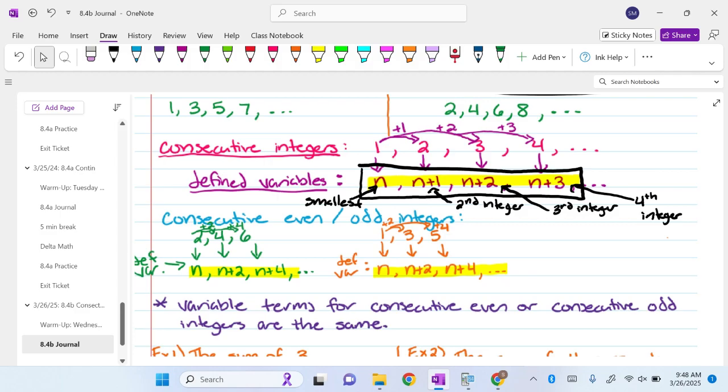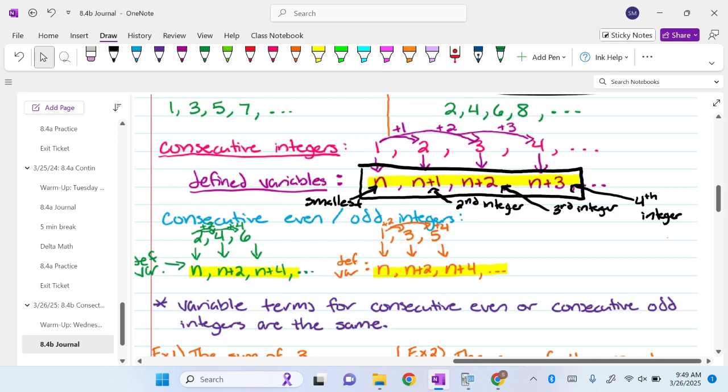How do I get from 7 to 8? You add 1. What will be the next one after that? 9. How do I get from 7 to 9? Add 2. Next one after that would be what? 10. How do I get from 7 to 10? Add 3. That's why we're doing n plus 1, n plus 2, and n plus 3.